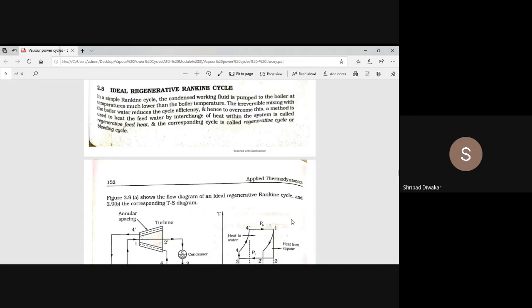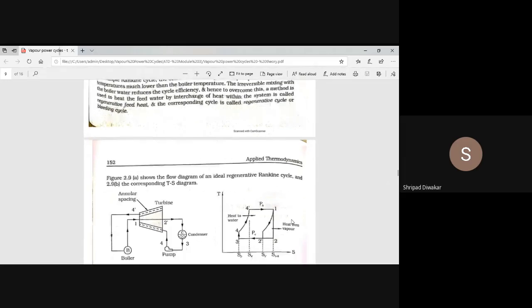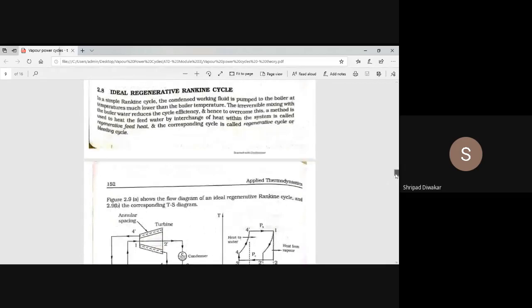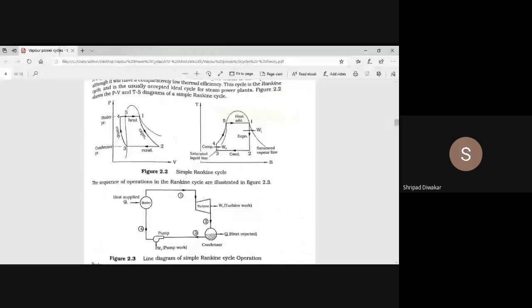So before that I'll explain what you mean by the regenerative cycle. In case of Rankine cycle, first I'll show the Rankine cycle flow diagram. This is the Rankine cycle. This is the TS diagram of Rankine cycle and this is the flow diagram of Rankine cycle.